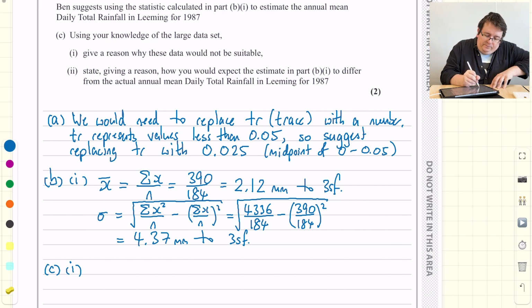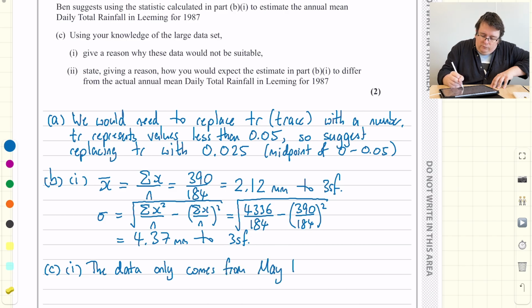So the data only comes from May to October, and does not include, well, November to April.